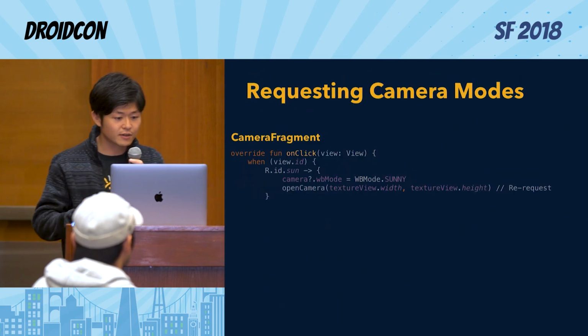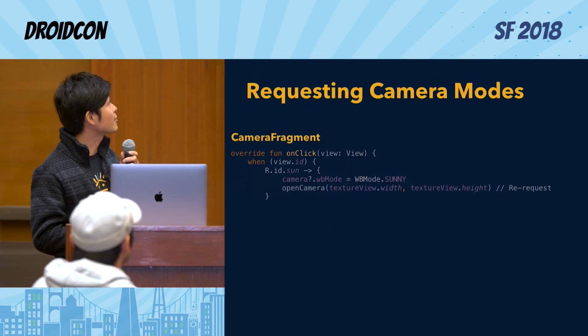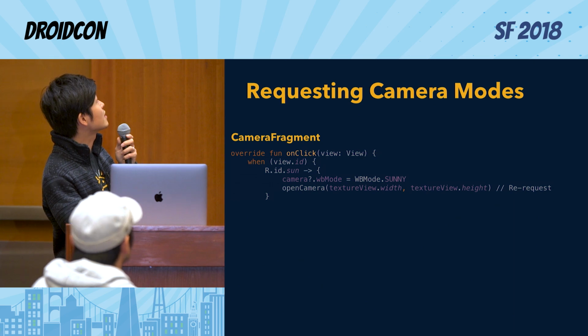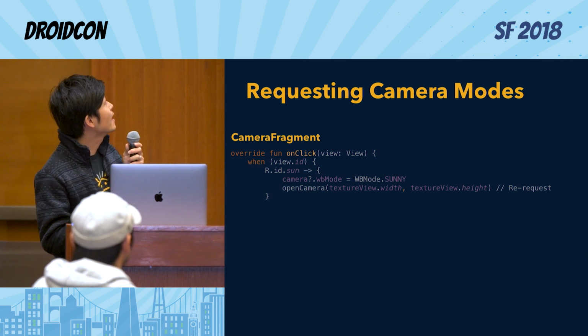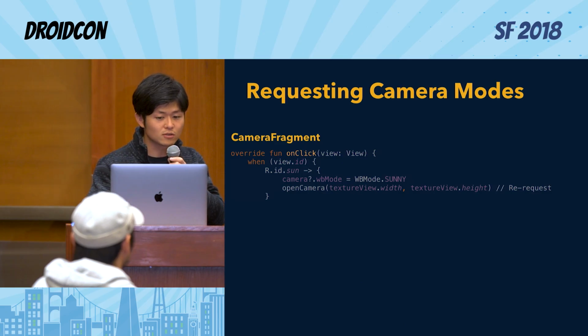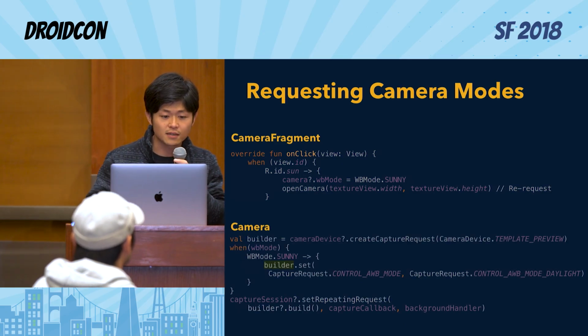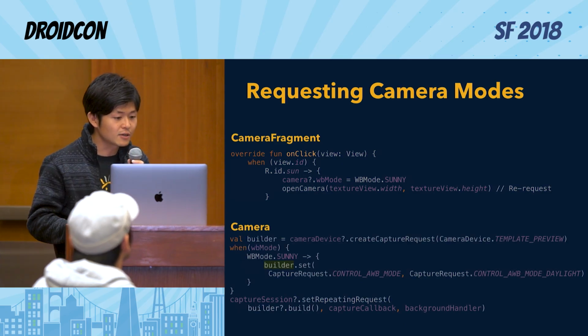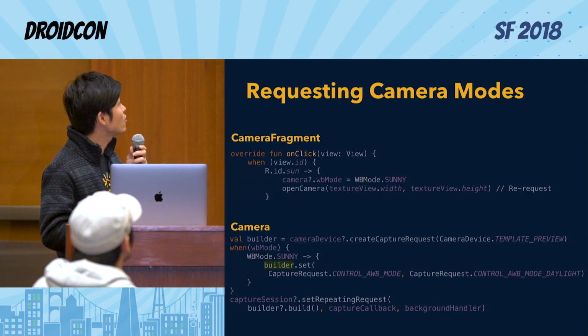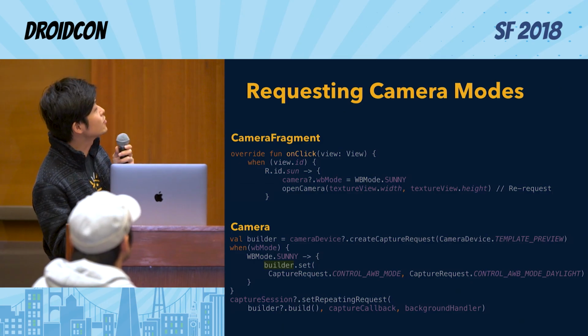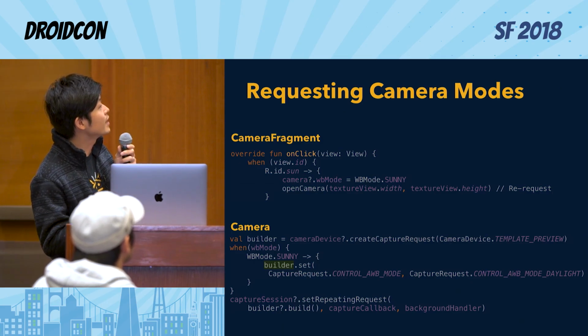So let me just quickly add white balance sunny mode to the camera. On click, I change the white balance mode to sunny. And then I open the camera because we want to re-request the capture session. And then inside the camera, we add this control AWB mode, set to control AWB mode daylight.